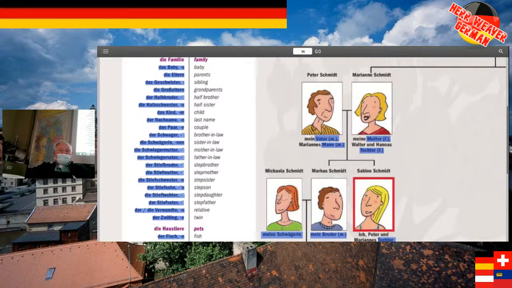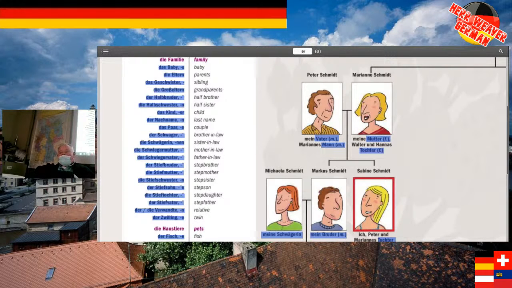Old word. Remember? Schwägerin. Ja, Michaela ist Sabinas Schwägerin. Und wie ist es mit, ist Mariana Sabinas Schwester? Nein, was ist Mariana? Mutter. Gut. Mariana ist Sabinas Mutter.